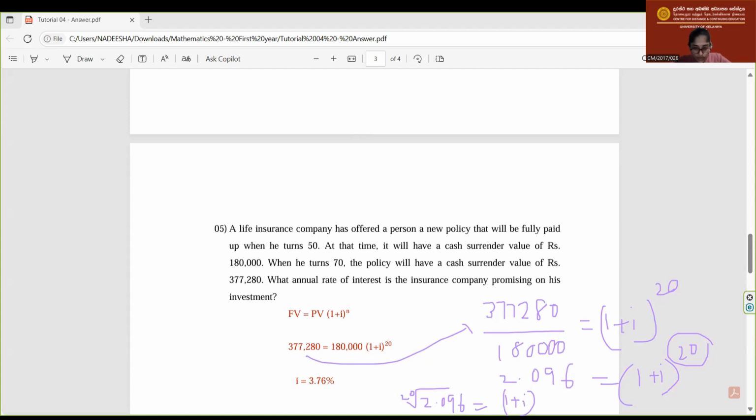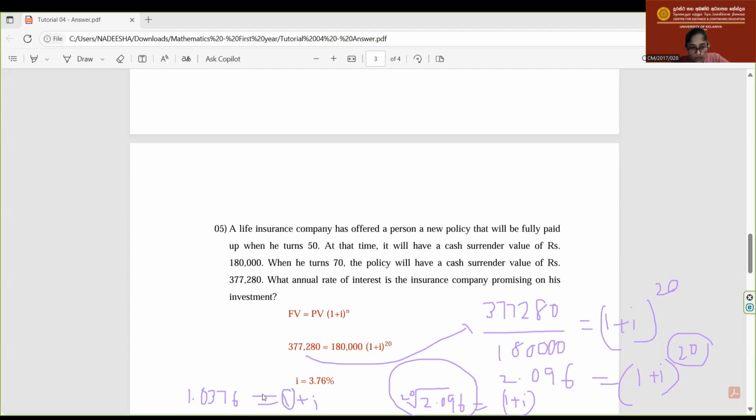Press 2.096, press the power button, and then 20 means 1/20th, right? 1 out of 20. Therefore, you can get the answer 1.037694617, but I'm taking only 4 digits, equals 1 plus i. Here still the 1 is there, plus 1. The opposite of that plus means minus 1.